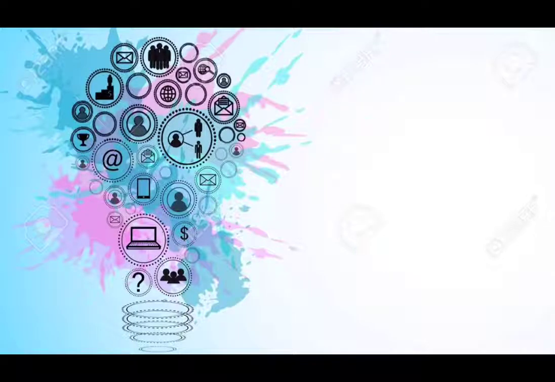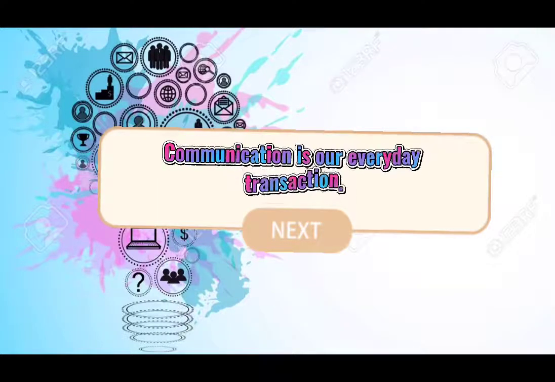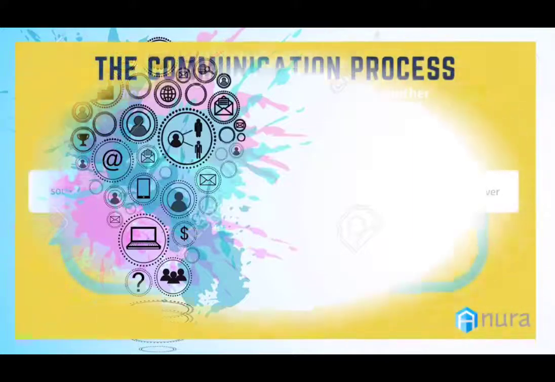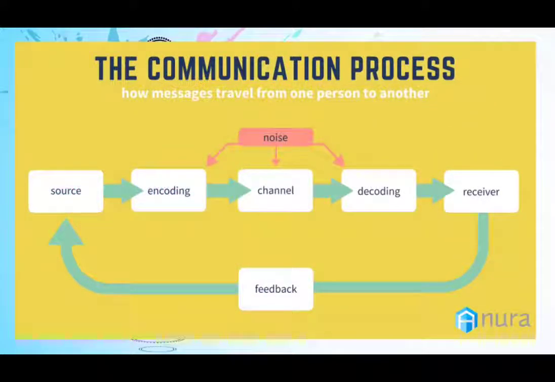Our everyday transactions with people follow the communication process. As seen in the illustration, communication begins when the speaker or source of communication responds to a stimulus and decides to encode or transmit it in the form of a message or a code through a particular channel or means of communication.